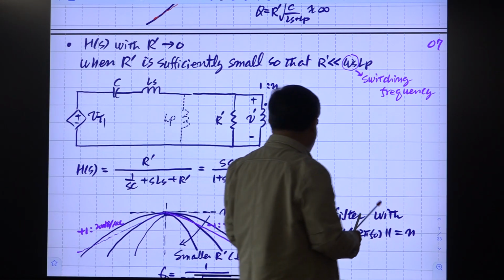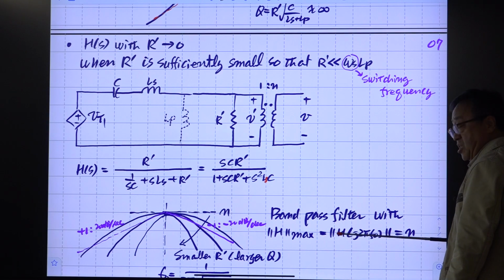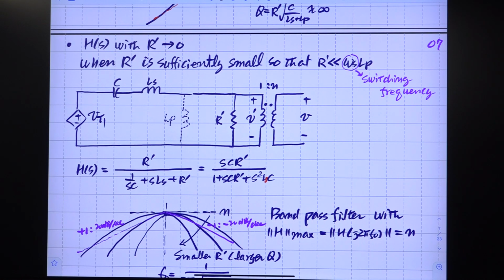The maximum transfer gain occurs at the resonant frequency, and the maximum value is n. So you combine these two things, and the frequency of this resonance is higher than the previous one because the inductor here is reduced. It contains just Ls. Previously it was Ls plus Lp. Usually Ls is larger.